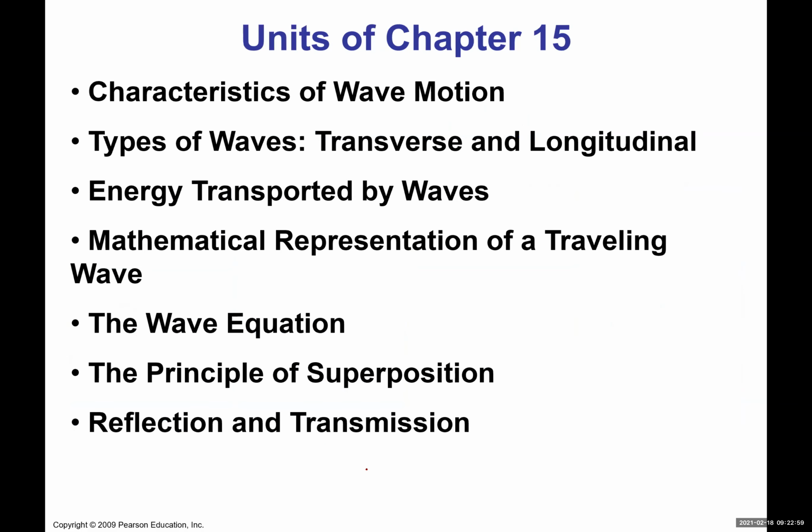All right. So the units for this chapter: we talk about wave motion, characteristics of wave motion, and types of waves. We're considering mechanical waves, right? So the types of mechanical waves are transverse and longitudinal. And one of the things we're going to see here is that waves carry information and energy.